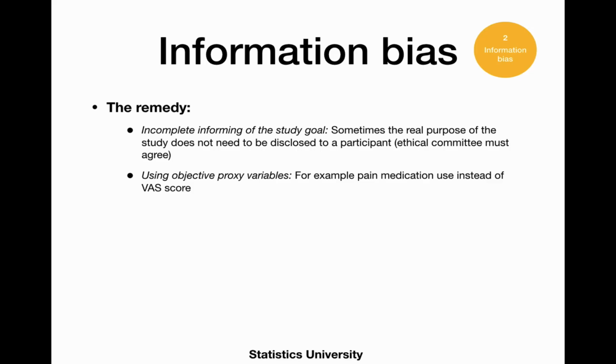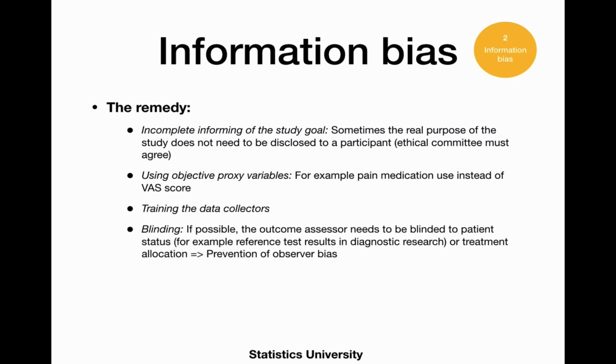Using objective proxy variables, so an example for this could be, instead of using the visual analog scale to measure pain scores, you could also look at the pain medication use. Training the data collectors to be objective in their data collection.